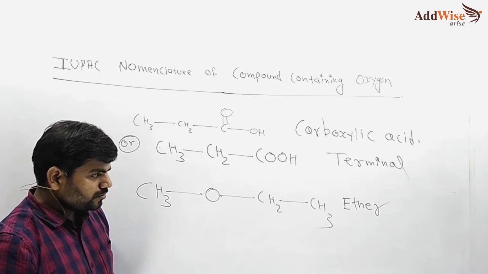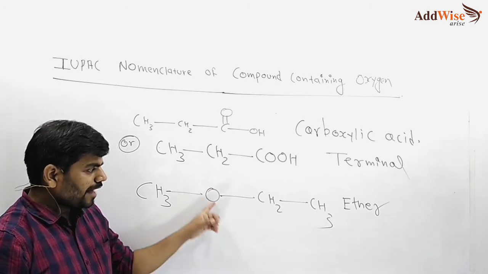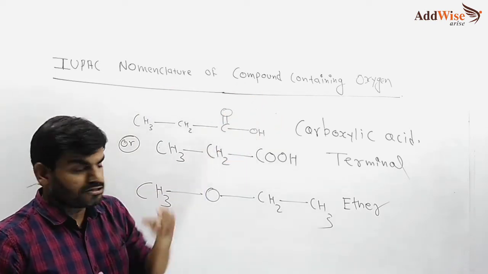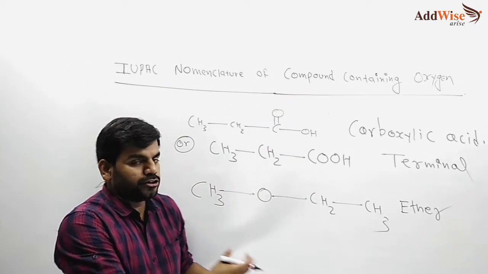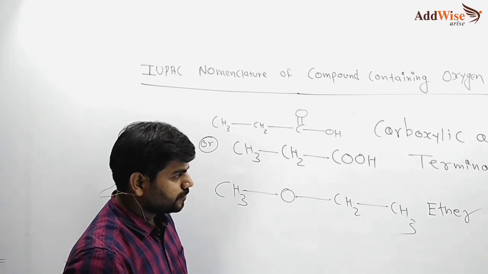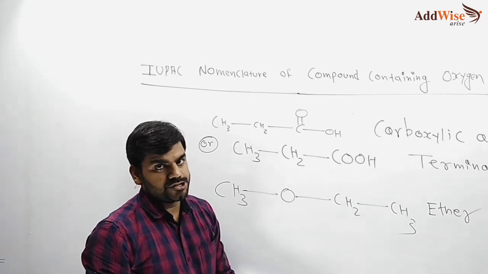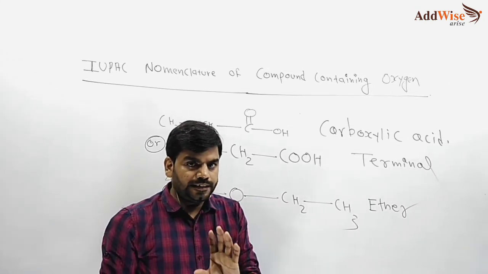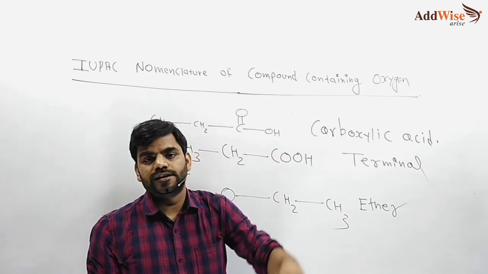But how to name this type of compound? We will see in IUPAC nomenclature; there are certain rules. First of all, we are studying how to identify which kind of functional groups are there. Right now we are studying only identification of functional groups. After identification, I'll directly start with their IUPAC naming one by one.